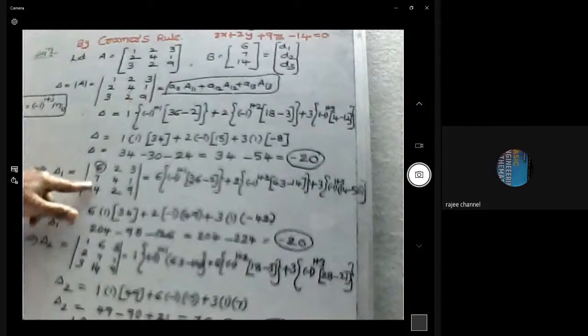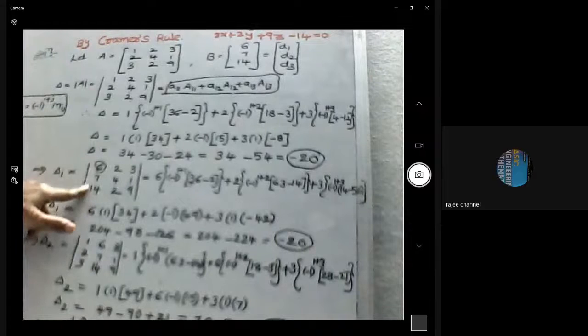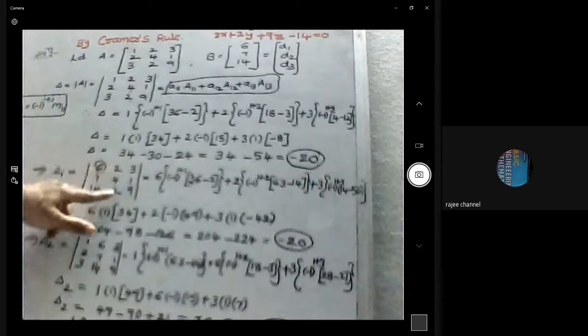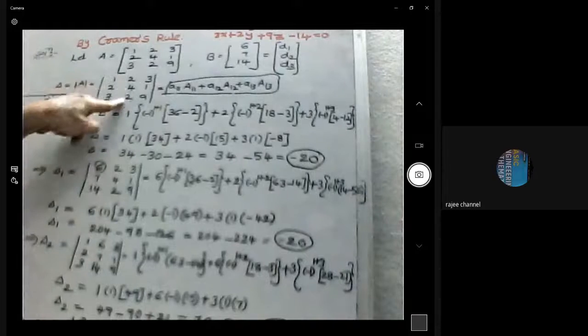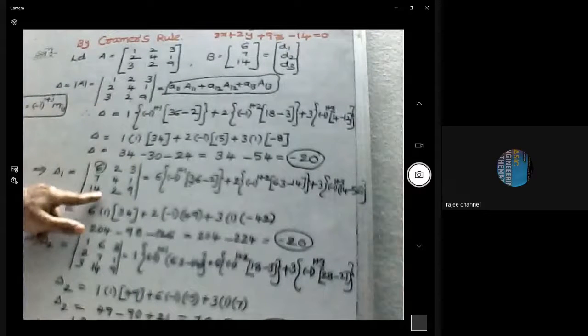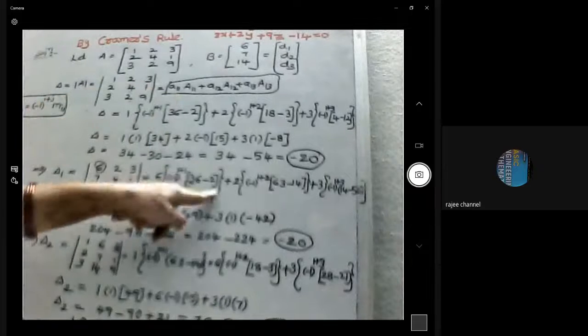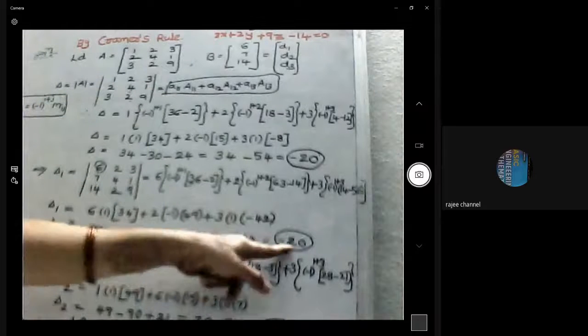Delta 1 is obtained by replacing the first column elements of delta by the constants D1, D2, D3. 6, 7, 14 are the constants. So in the first column we take 6, 7, 14. Second column and third column are taken as is. We use the expansion by first row formula and we get the delta 1 value.